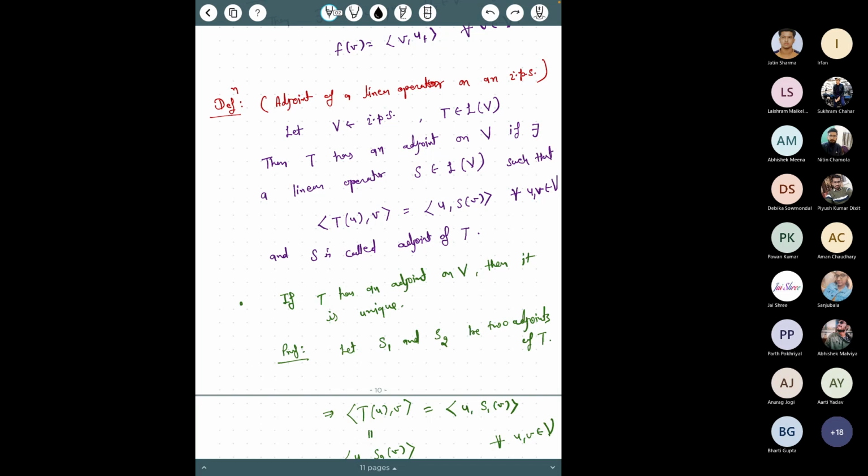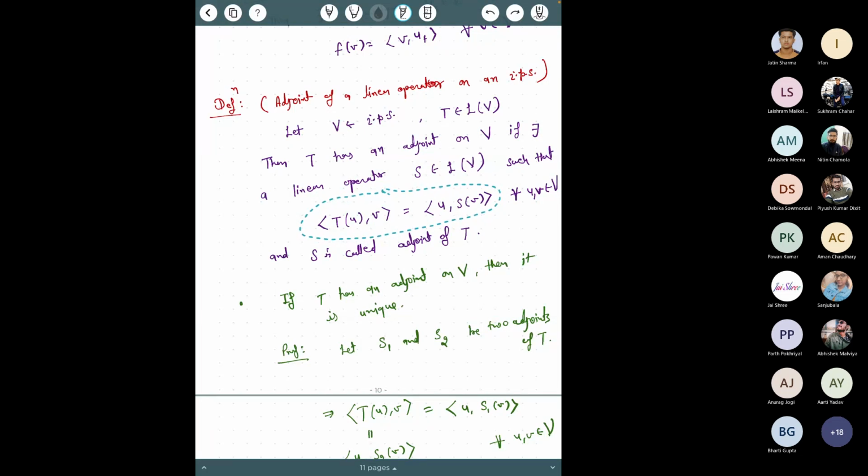It depends on the operator itself. Not only on the operator, it also depends on the inner product. You can see here how it is defined. This S depends on T, and not only that, it also depends on the inner product.